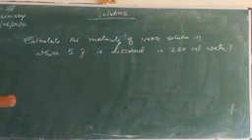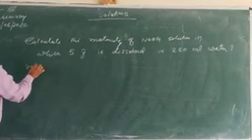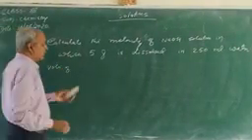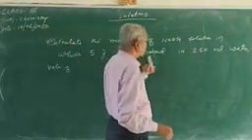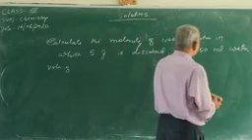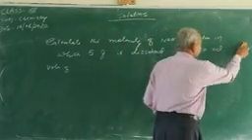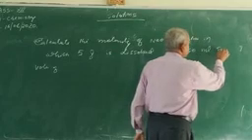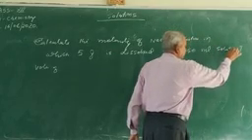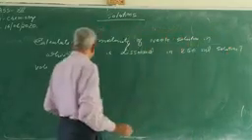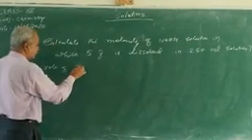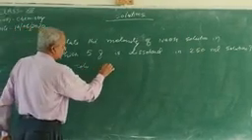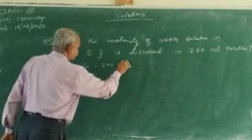Here 5 gram is dissolved in 250 milliliter solution. In place of water I write solution, because the volume of solution is taken in molarity. So this volume of solution is 250 milliliter.